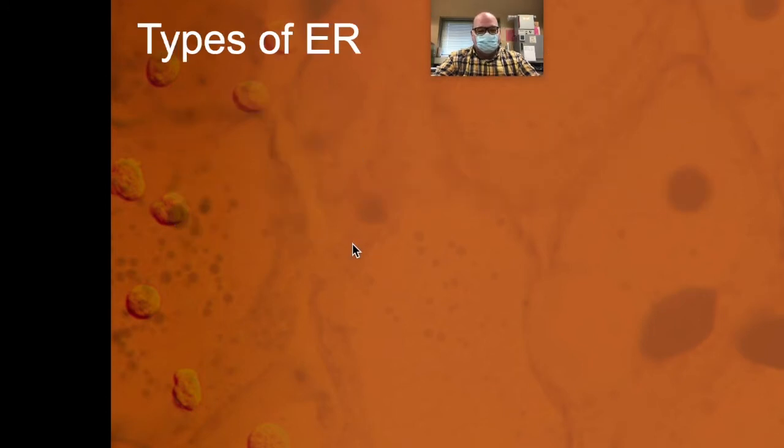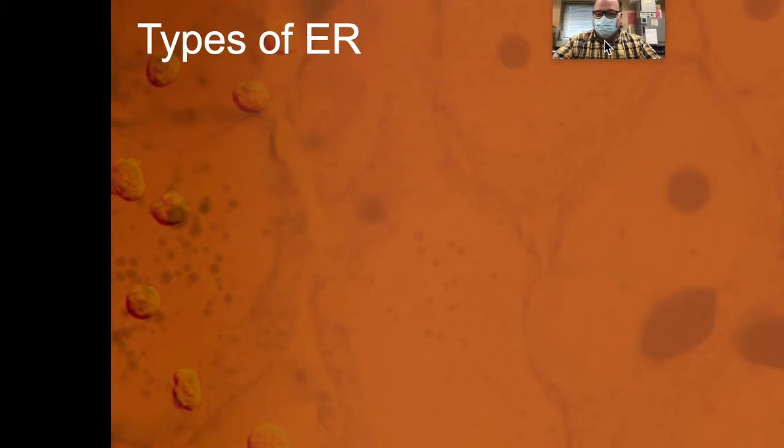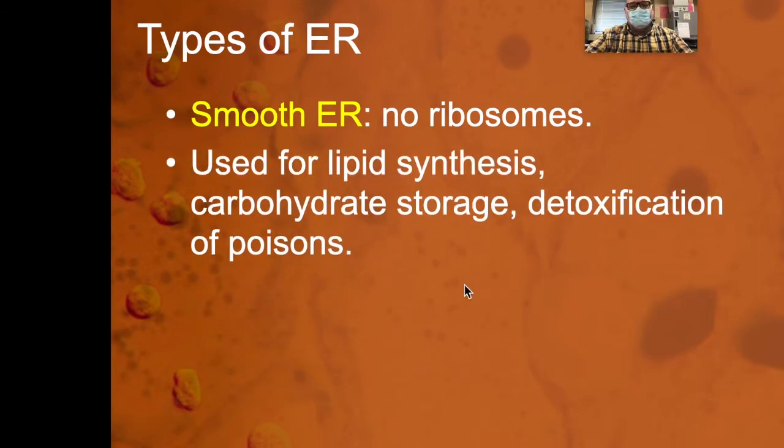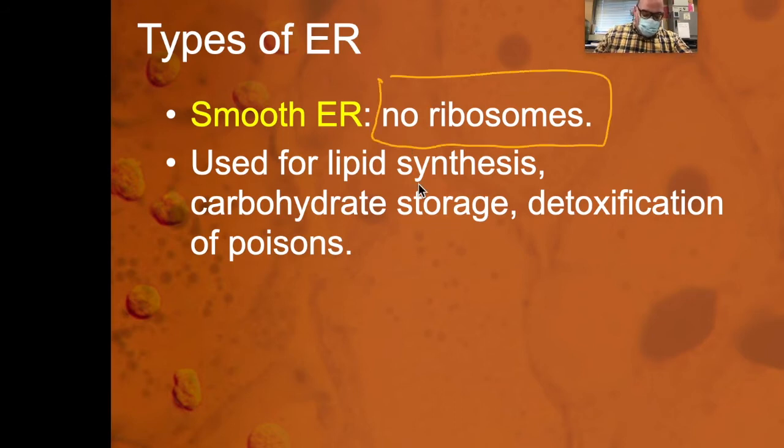All right. Everybody okay? I went a little fast on that. There's smooth ER, which I already talked about in the cartoon. And what's going on in smooth ER? There's no ribosomes here. So these are responsible for non-proteins.